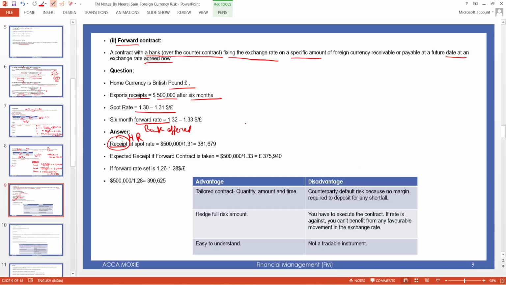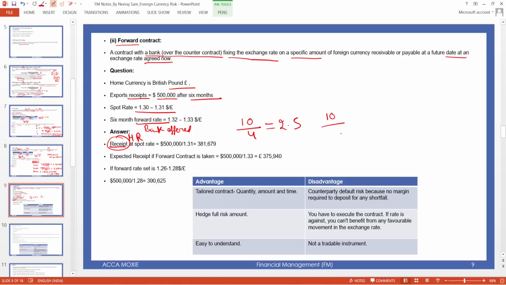So for example, 10 divided by 4 gives this amount.